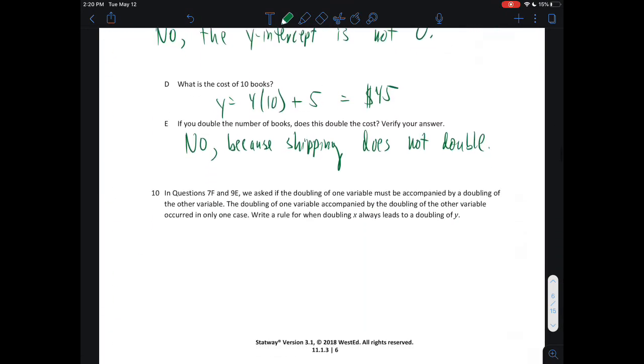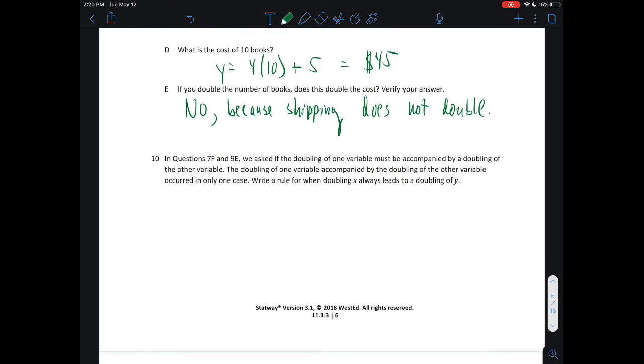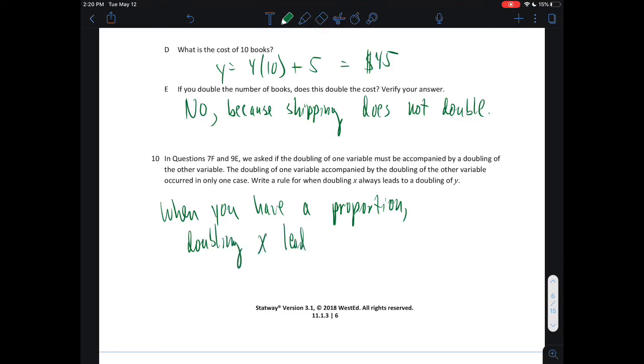So it happened in number 7. So write a rule for when doubling x always leads to a doubling of y. So what's the rule? When you have what we had in number 7, when you have a proportion, doubling x leads to doubling y.